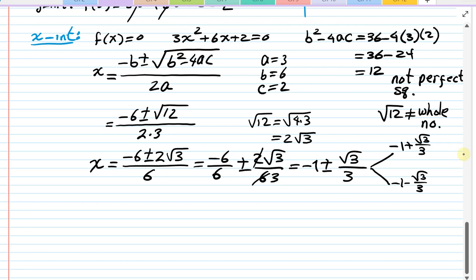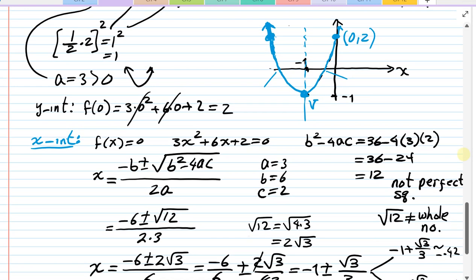Okay. Now, the approximation to these: the top one is about negative 0.42-ish. The bottom is about negative 1.6-ish. All right, and that's going to help me for my graphs. And there you go. The negative 0.42, that's the higher number. On my graph, though, I'm going to put the exact coordinates.